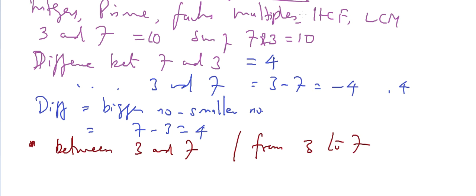If it's between, then you should not take the border values, so 3 and 7 should not be included. How many numbers are there between 3 and 7? 4, 5, 6, only 3 numbers, correct?